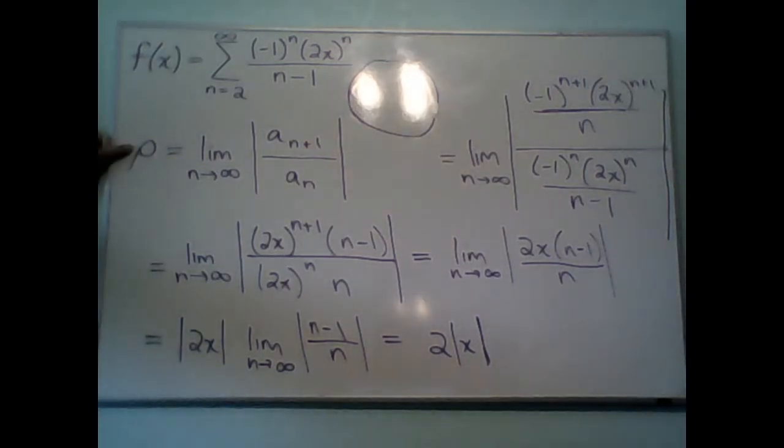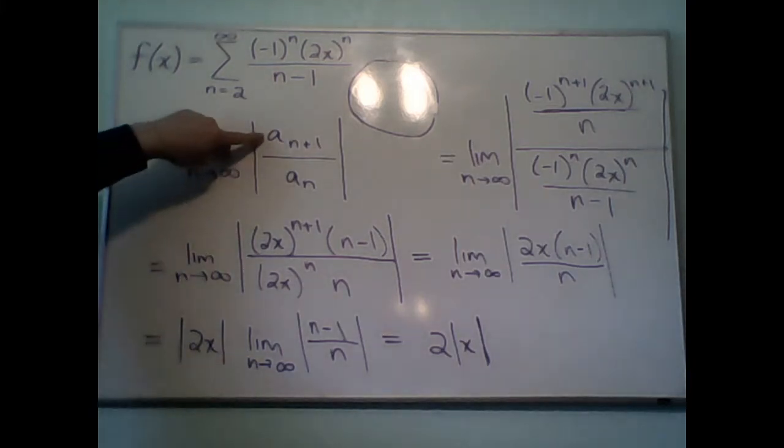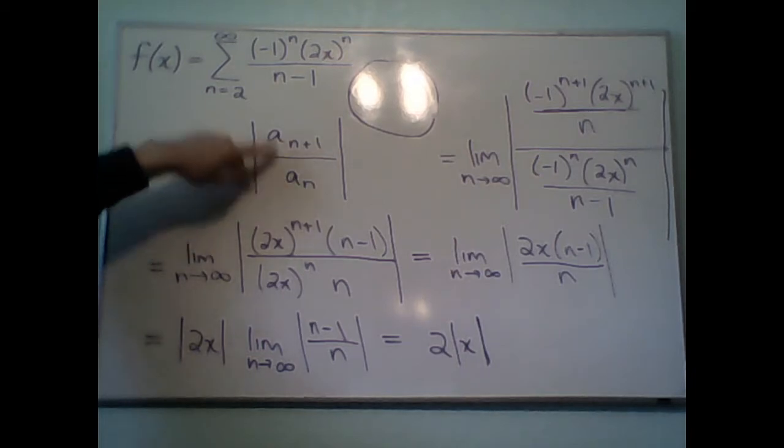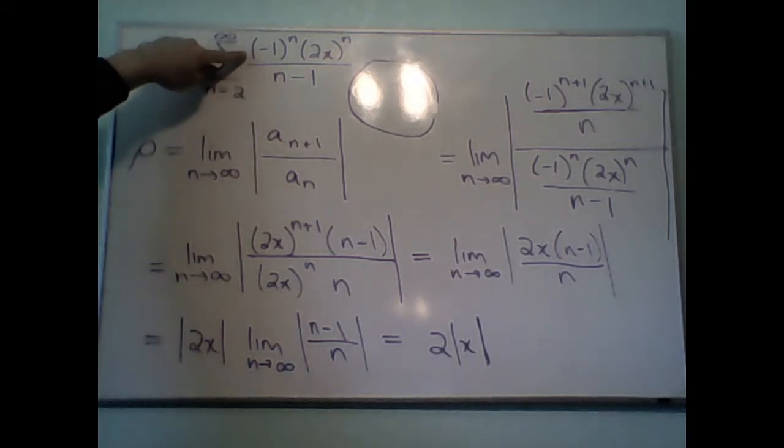That's my value rho. And now if you remember what the ratio test says, it says that when rho is less than 1, which means that this next term that you're adding up is, in the limit, much less than the previous term, so these are going to 0 at a rapid clip.